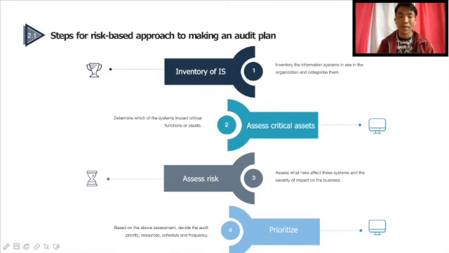And then number 4, based on the assessment sets, decide on audit priority. Decide on the resources, the schedule, and the frequency on how you are going to do the risk-based approach to make an audit plan. Prioritize only on which of these you'll have to look at when making the assessments.